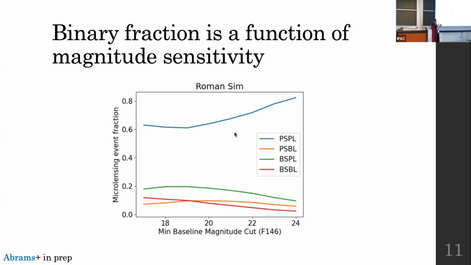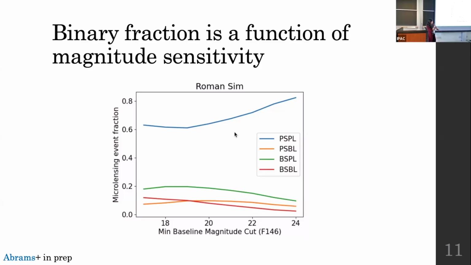And we see that as you go to fainter baseline magnitudes, the binary fraction decreases. This is specifically for binary sources, and that's because as you're probing towards fainter magnitudes, you're probing towards less massive stars, which have an intrinsically lower binary fraction.